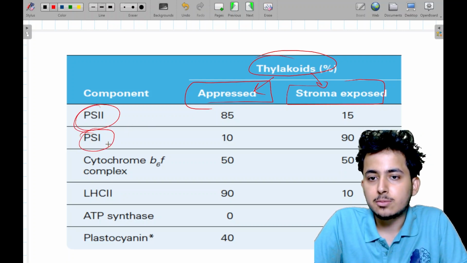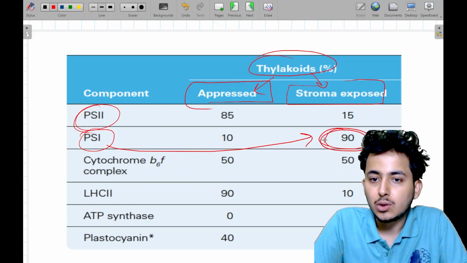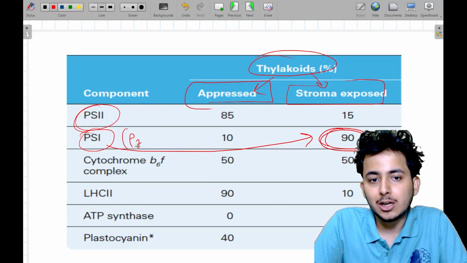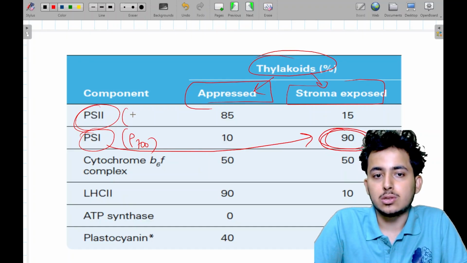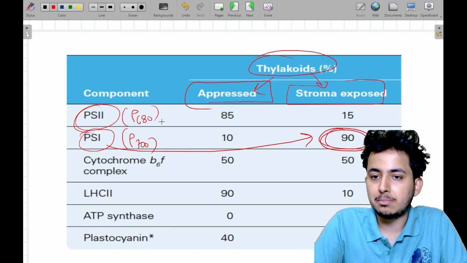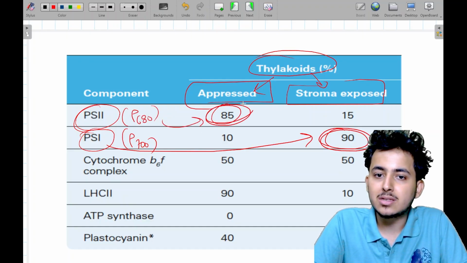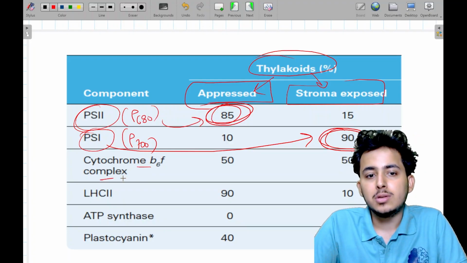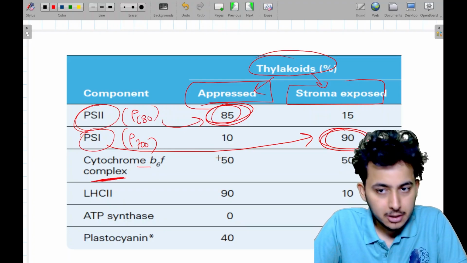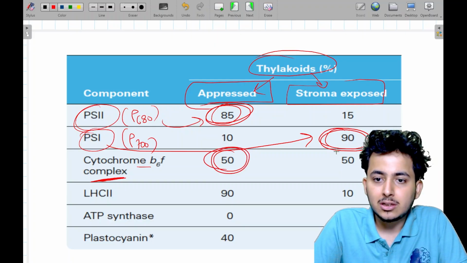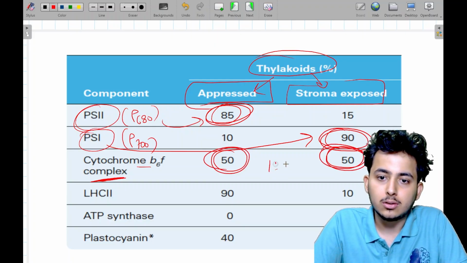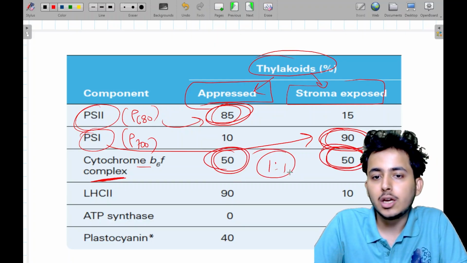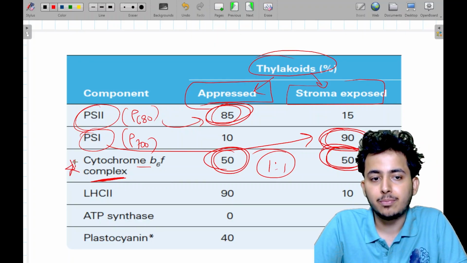In the stromal exposed thylakoids, primarily you have PS1, that is P700. PS2, that is P680, is primarily present in the appressed thylakoids. The cytochrome b6f complex, which is a dimeric complex, is present in a 1:1 ratio, 50:50. This is very, very important.